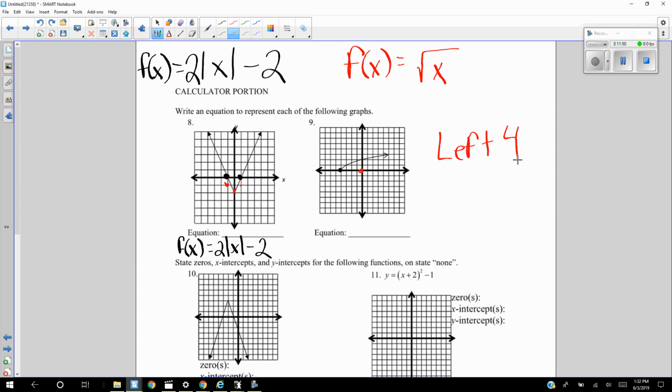So a horizontal shift of 4 goes on the inside. And it's got to be a plus 4 on the inside. Plus 4 on the inside shifts us left 4. There's been no vertical shift. Looks like there's been no stretch because the preceding point is just up 1, right 1, just like the parent function. So that's all you have to do on number 9.